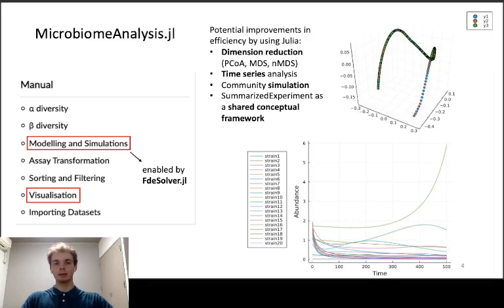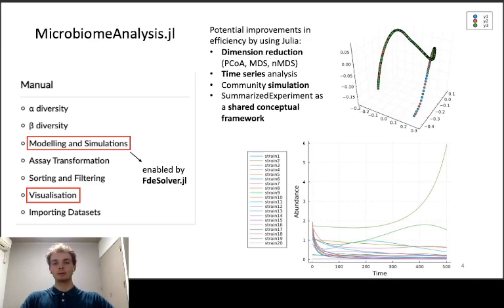That's basically why we decided to build our package, MicrobiomeAnalysis.jl, on top of SummarizedExperiments.jl and its containers. Currently, we offer the features listed on this slide. Raw data can be imported from files like Excel sheets and CSV tables, but also converting it across other Julia objects is possible. And there will be more information about this last point in the next slide.